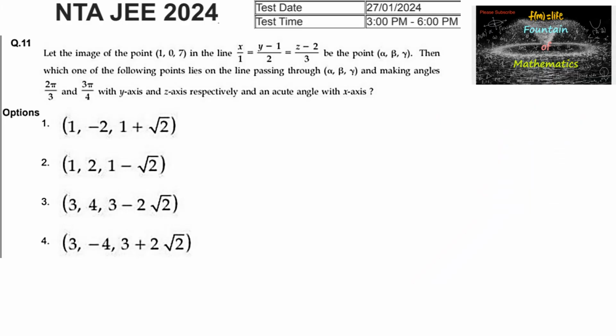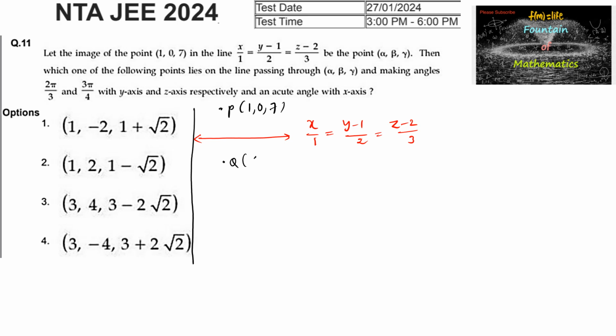Let the image of the point (1, 0, 7) in the line x upon 1 is equal to y minus 1 upon 2 is equal to z minus 3 upon 3 be the point (alpha, beta, gamma). So let us consider the point P (1, 0, 7) and its image with respect to the line x upon 1 is equal to y minus 1 upon 2 is equal to z minus 2 upon 3 be the point Q (alpha, beta, gamma).